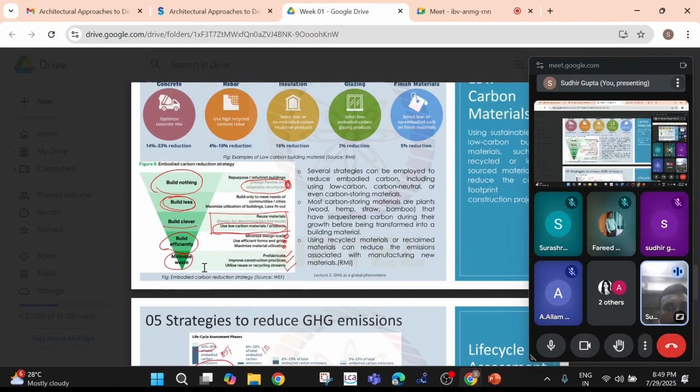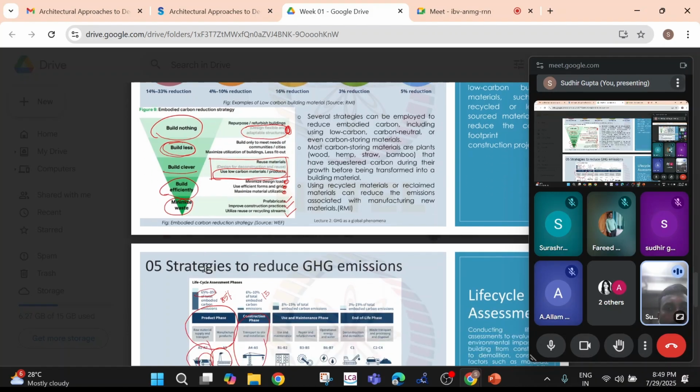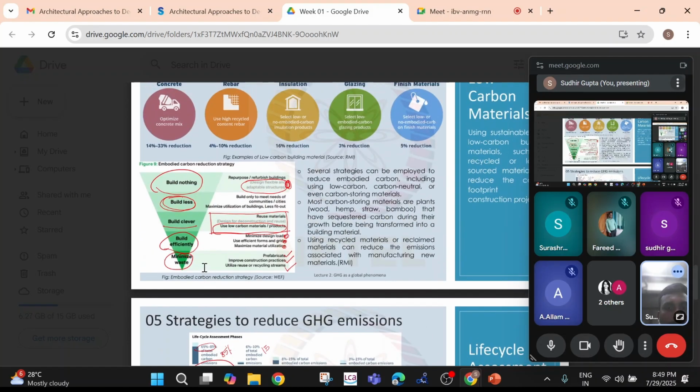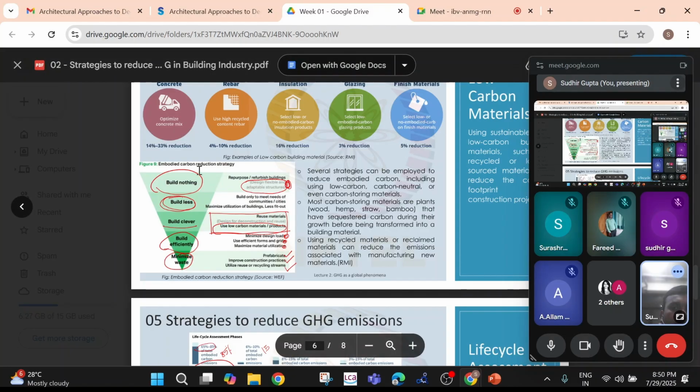When you watch lecture 2 of week 1 again, you will see that in slide number 6 ma'am has explained that build nothing is the top, or the best, strategy for reducing greenhouse gas emissions.